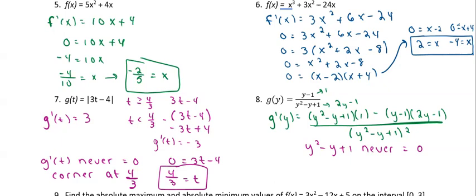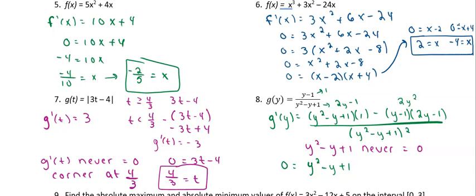So when we set this whole big monstrosity equal to 0, what we're really concerned with is the numerator, because we could multiply both sides by this denominator, and the denominator would cancel, and 0 times it is going to cancel. So we have this numerator of y squared minus y plus 1, and then we have to FOIL this over here. Let me do that FOIL real fast, and then we'll do the subtraction. So y times 2y is 2y squared.